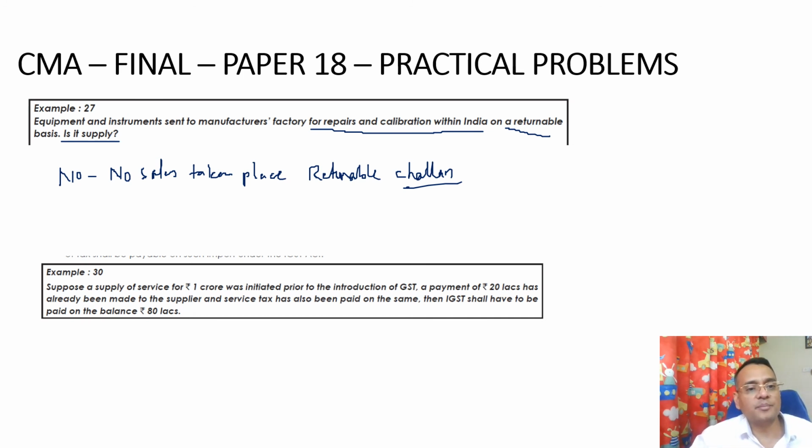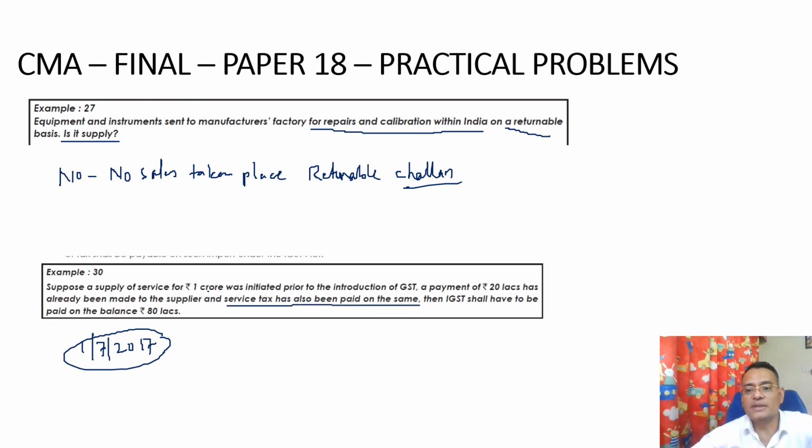Okay. Next example. Suppose a supply of service of rupees 1 crore was initiated prior to the introduction of GST. GST was introduced from 1st July 2017. A payment of rupees 20 lakhs has already been made to the supplier, and service tax has also been paid on the same. So a payment of 20 lakhs rupees is made and service tax is already paid before the introduction of GST.